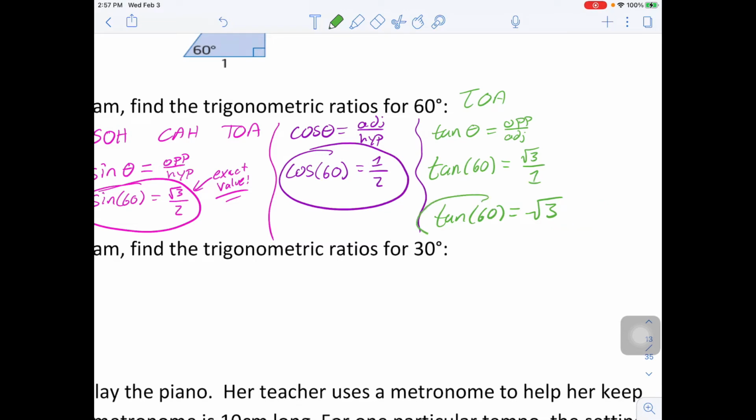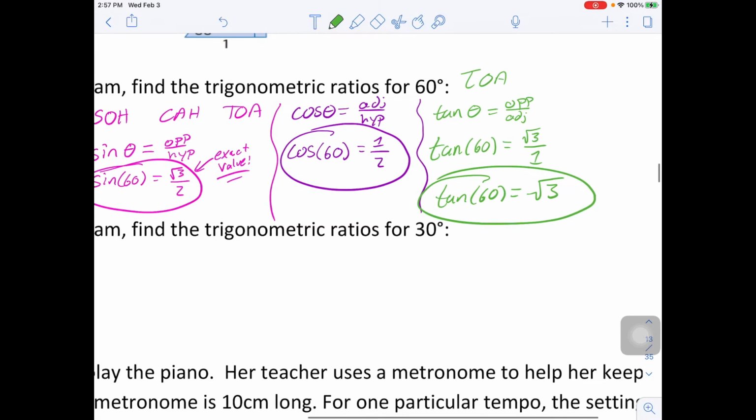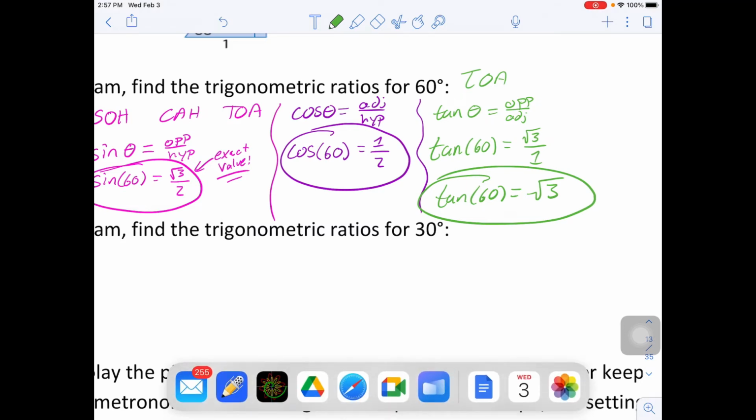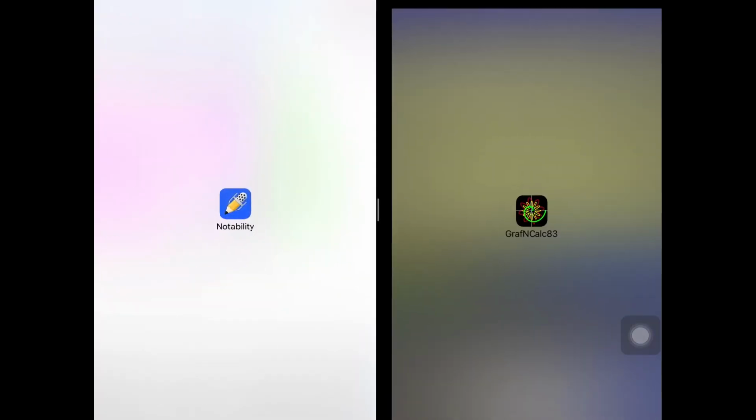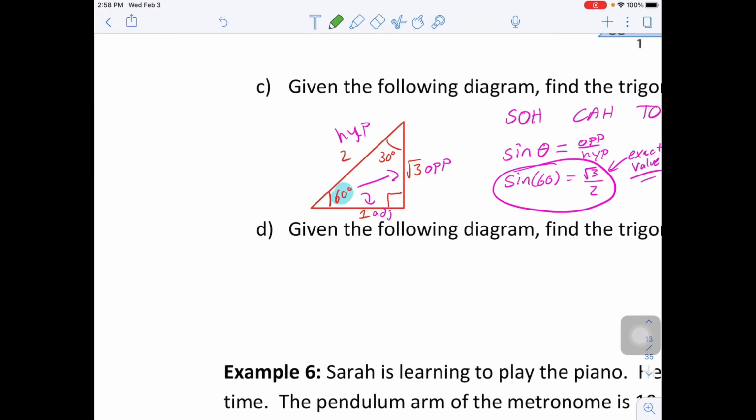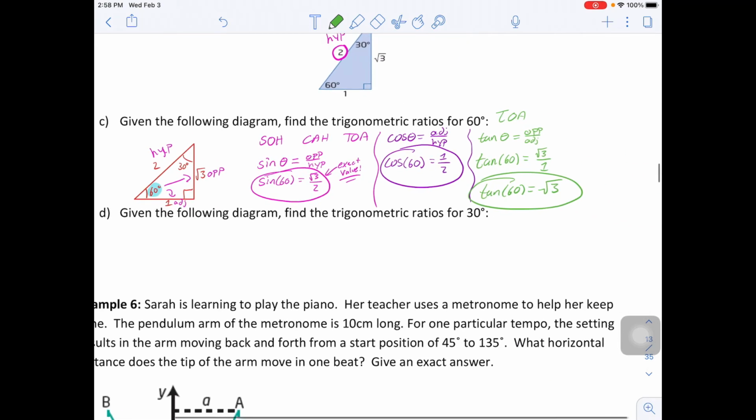And again, if you plug tan 60 into your calculator, it'll give you a decimal, but its exact value is root 3. So you can see root 3 is our exact value. That's the special thing about these special triangles. They give us exact values.